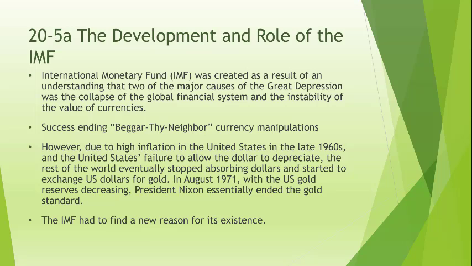Now, the IMF was originally created as a result of an understanding that two of the major causes of the Great Depression were the collapse of the global financial system and the instability of the value of currencies. So the main role of the IMF was originally envisaged as loaning money to governments to address macroeconomic issues.